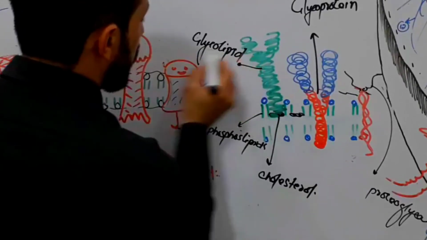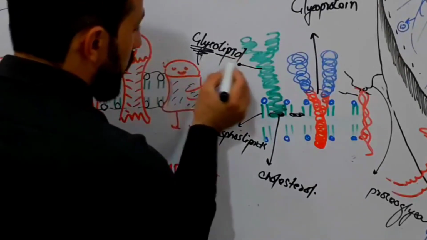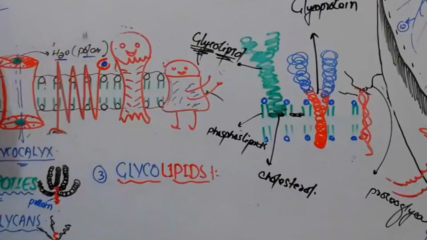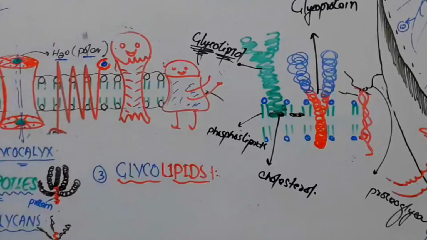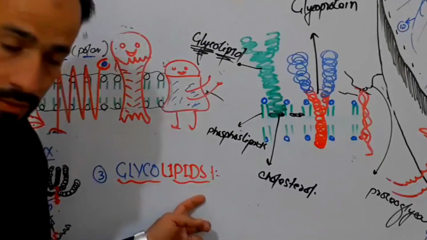Why? Because this carbohydrate is attached with the lipid part of the cell membrane. So in our cell membrane, carbohydrates are found in three major types: the glycoproteins, the proteoglycans, and the glycolipids.